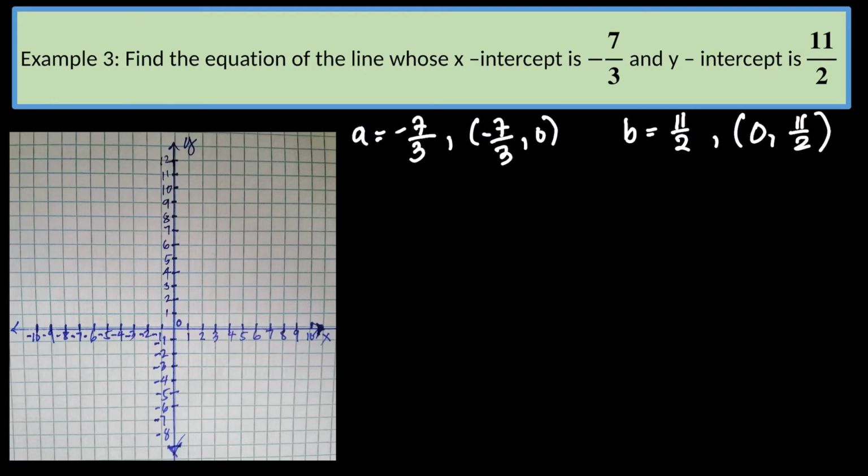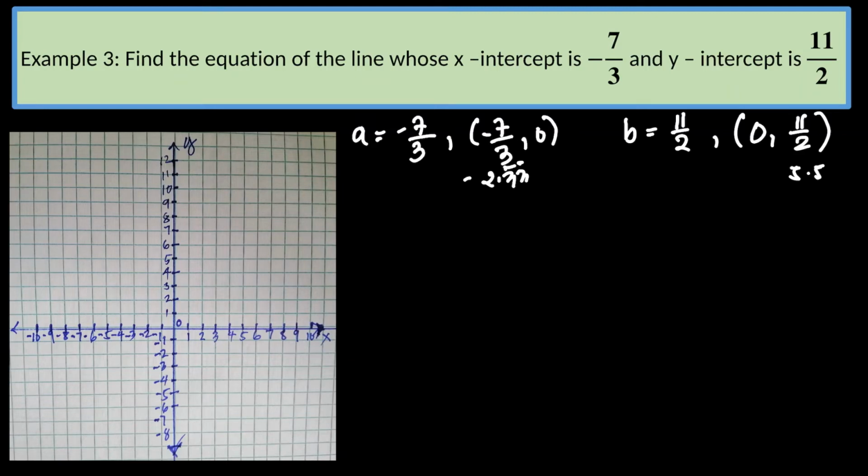Now, if we try to plot the points, 7 over 3 is approximately 2.3333, it's a repeating decimal. And 11 over 2 is 5.5. So negative 2.333 is somewhere here between 2 and 3.